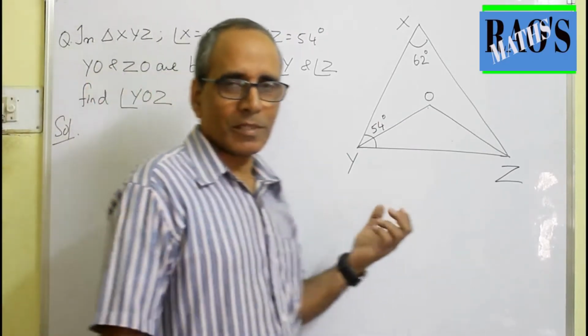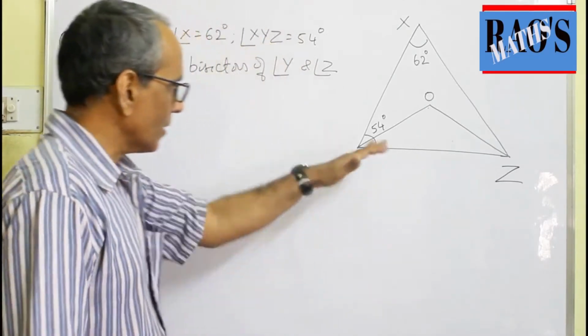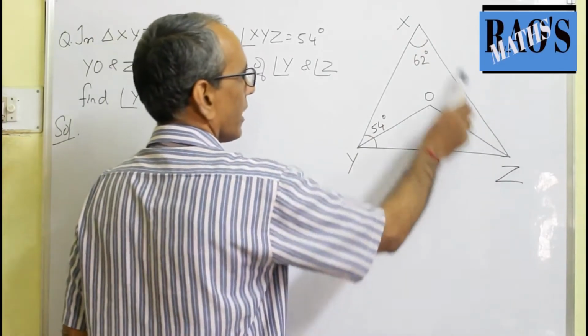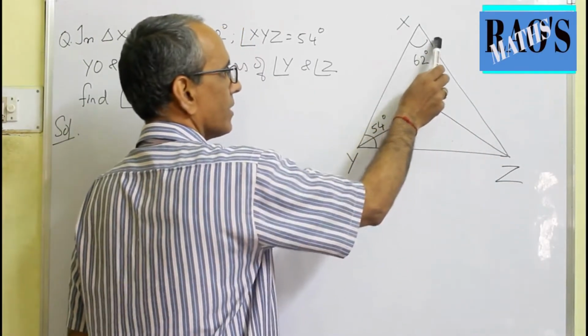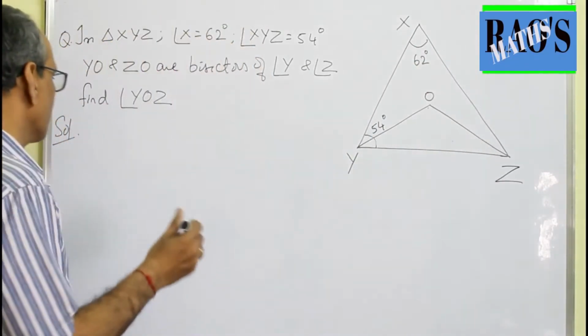Already we have this concept in the previous video. Let's solve first. I take the whole triangle XYZ, where I have X and Y, so I can find Z also. That I do first.